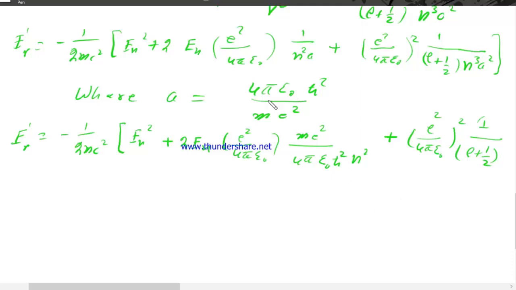We take the square of this value, me² divided by 4πε₀ħ² whole squared, and then 1 over n³.